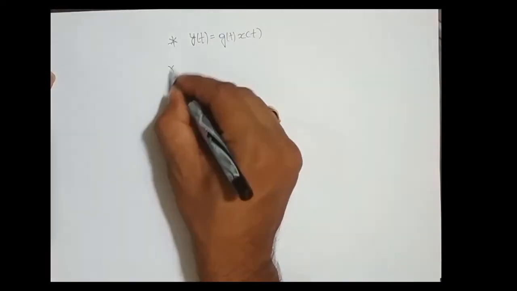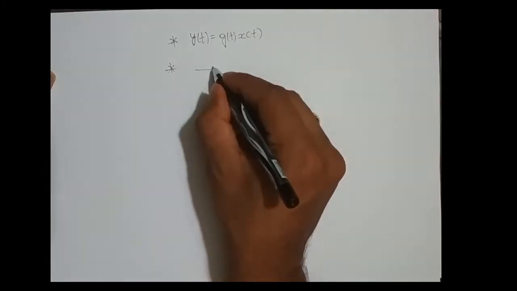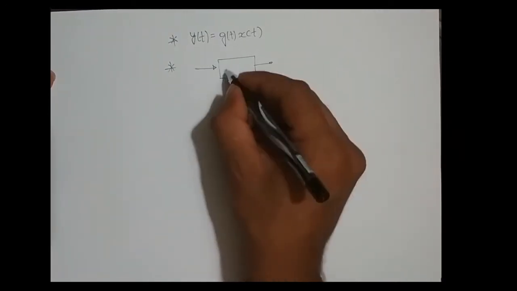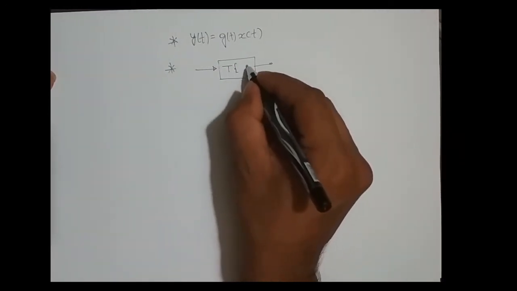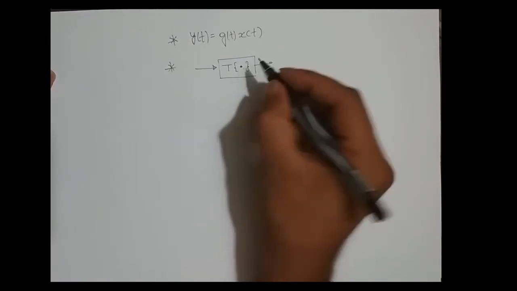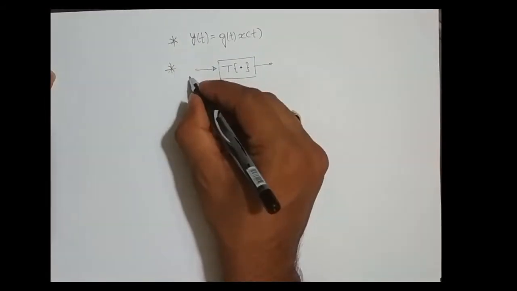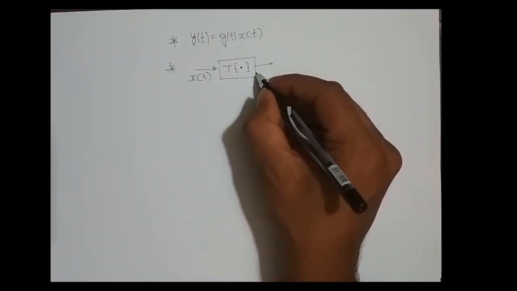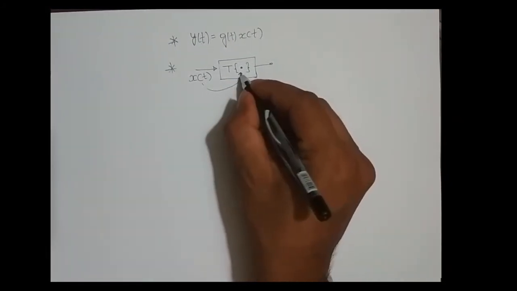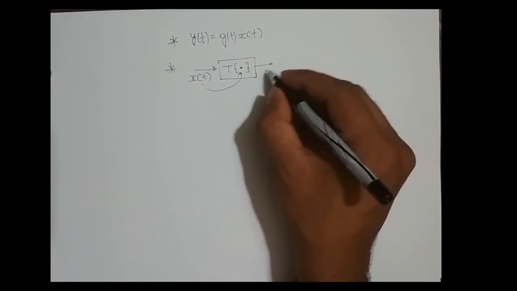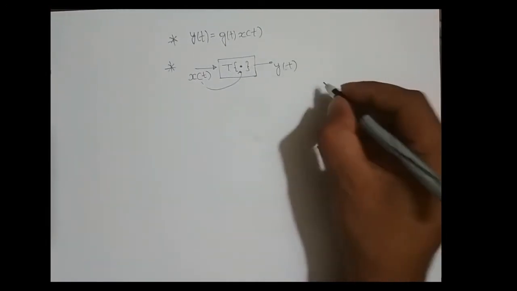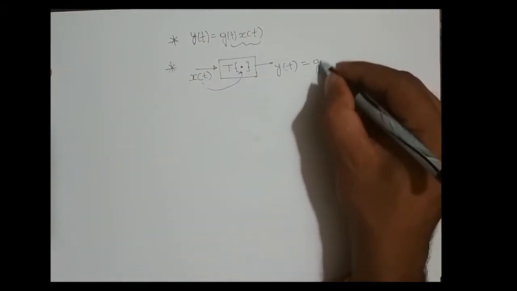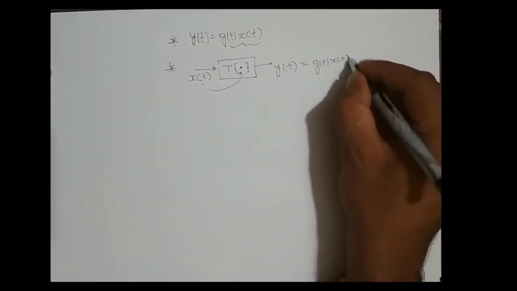The same system I can represent in terms of graphical representation, which is something like this. I have a system which does some transformation, and inside this curly bracket x of t, the input signal, will appear, and the output we get is y of t, and this y of t is nothing but g of t into x of t.